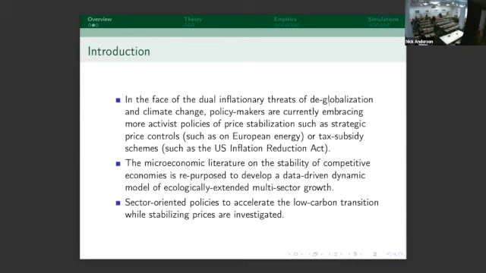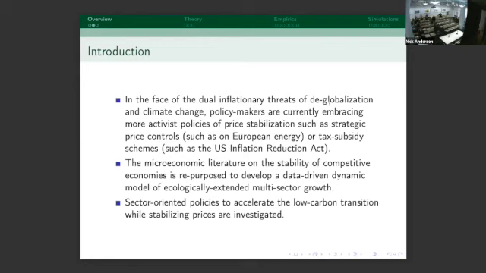And then I investigate sector-oriented policies, especially as right now, when I was writing the paper, there was a lot of discussion apropos the Ukraine war about the oil embargo, and using strategic price controls in order to prevent the price from skyrocketing. Right now, it seems that this is already the past, and inflation has been finally controlled, but not as much as in Europe, I would say.